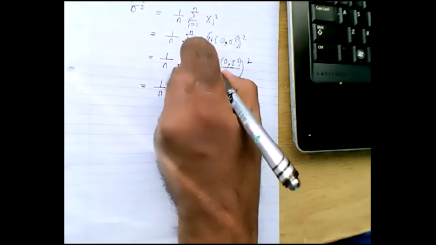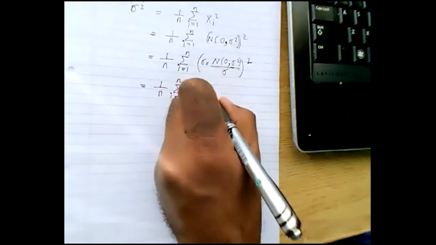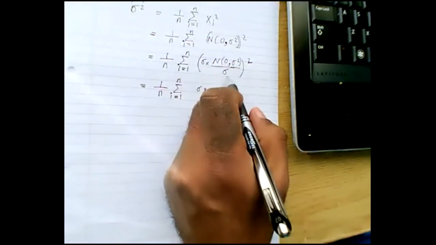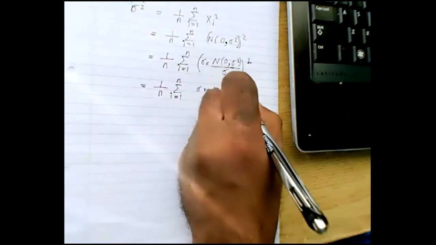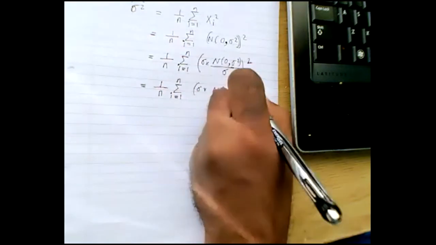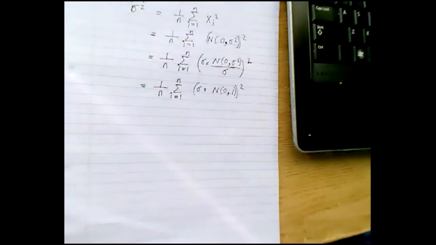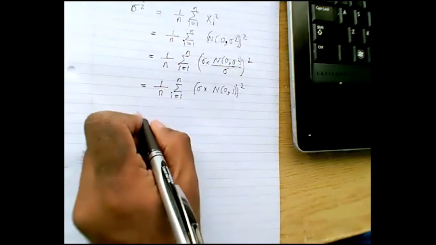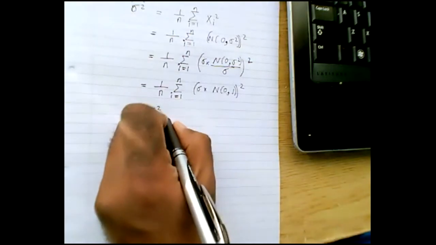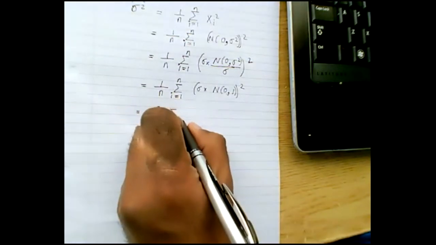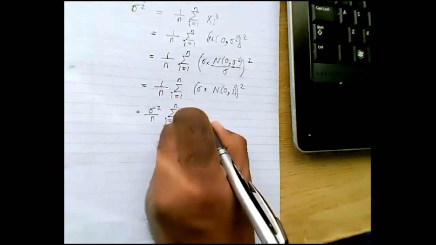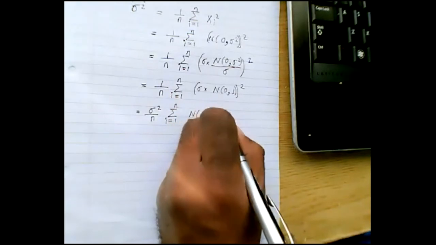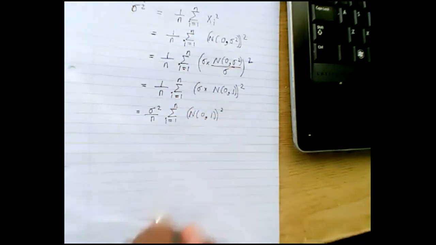So what you're doing here is precisely that. You're dividing by the standard deviation. So you get this. Now the sigma you can pull outside, so this becomes sigma squared over n times the sum of this. Are you with me so far?